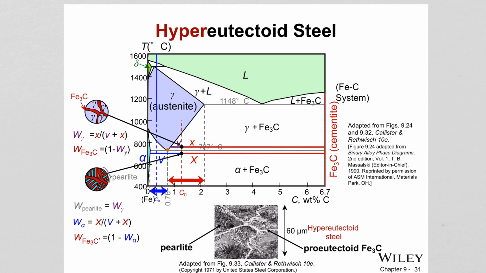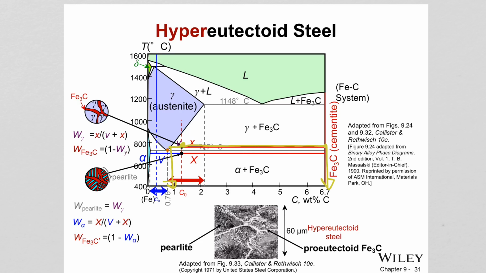So again, the weight fractions are found the same way. If we are above the eutectoid temperature right there, then you can read the amount of cementite and the composition of the cementite from this intersection, and the composition of the gamma from this intersection.